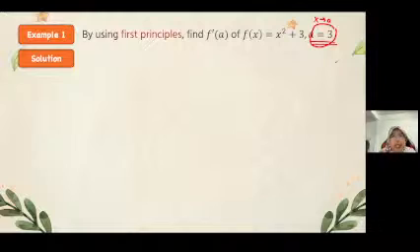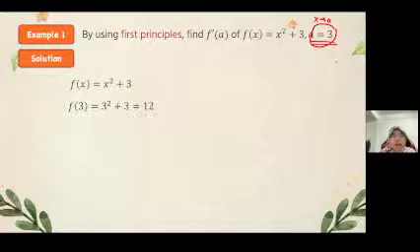Okay, so now let us check what is the value for f(x) as well as f(a). So f(x) is x squared plus 3. f(a) is actually f(3), so you just substitute x with 3. So we are going to get 3 squared plus 3, which is exactly equal to 12.